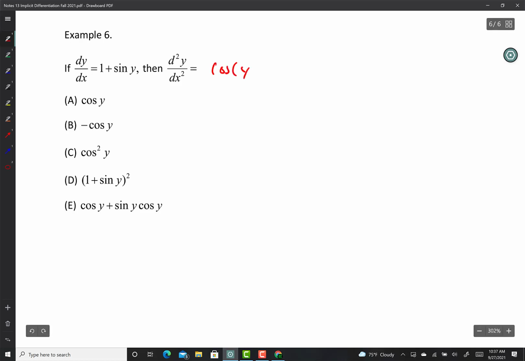Cosine y, and then times what dy/dx is. So d squared y over dx squared equals cosine y times 1 plus sine y.